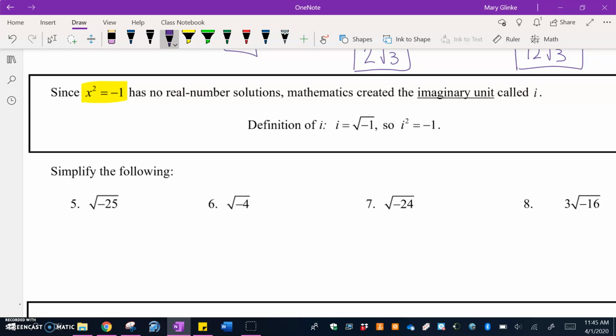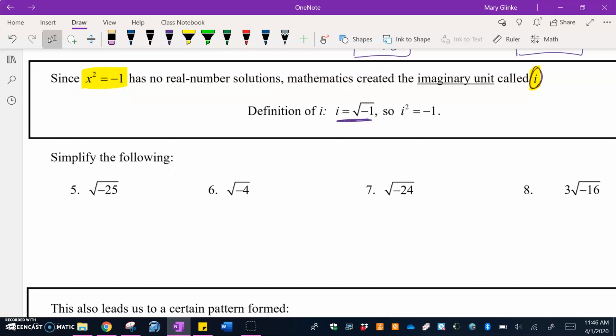So the imaginary part is going to be called I. So anytime you see an I with math, we should be thinking that I is the square root of negative 1. What that does is it allows us to actually simplify negative square roots.